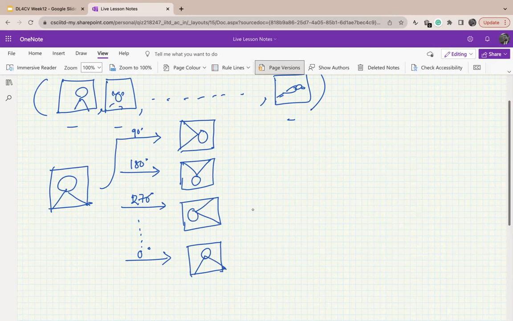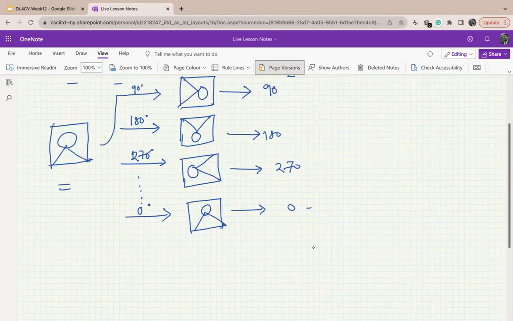So what you have now is that from this one image, we have created 4 images, and the label of each corresponding image is 90, 180, 270, and 0.